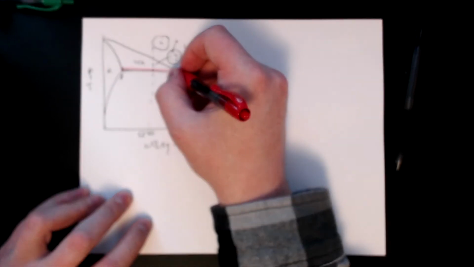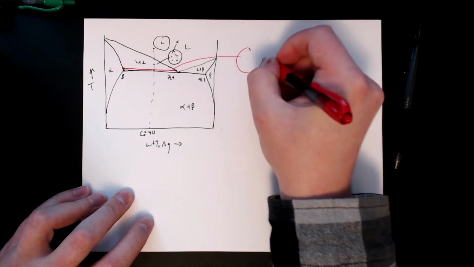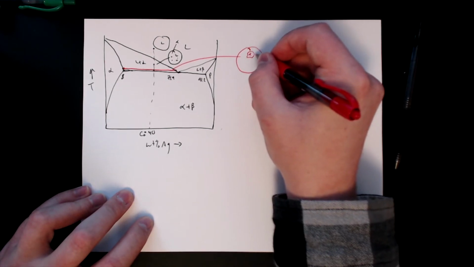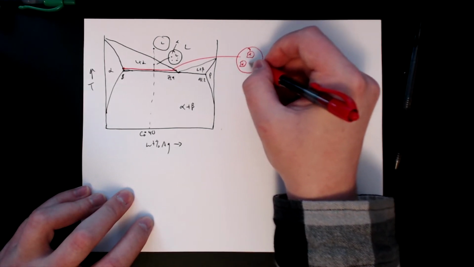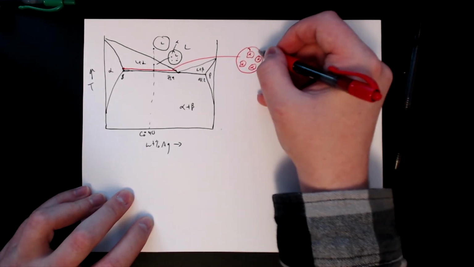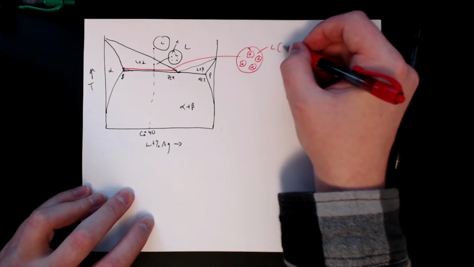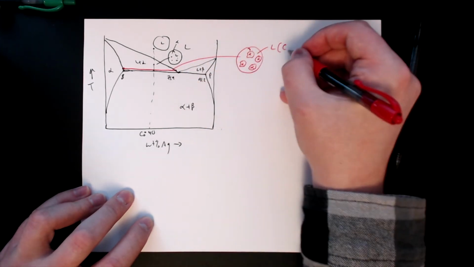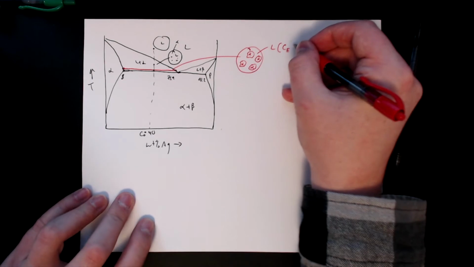If I draw that structure over here, we'll have liquid, but also alpha particles. The liquid, at the very bottom here, right above the eutectic, will have the composition of the eutectic.